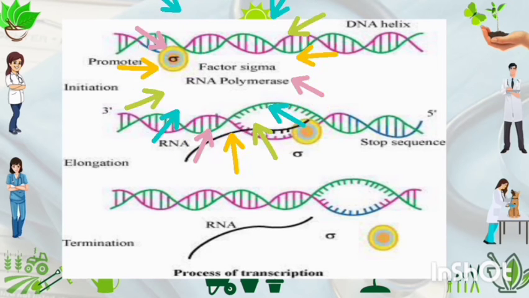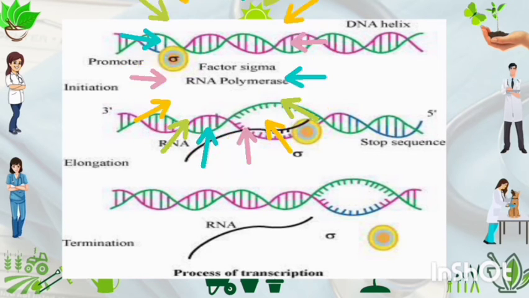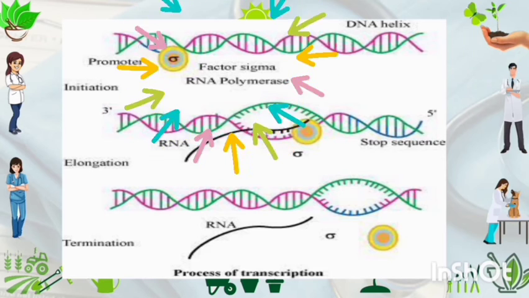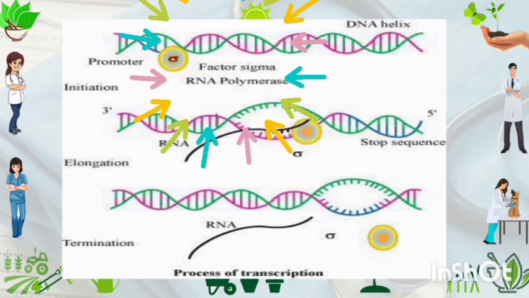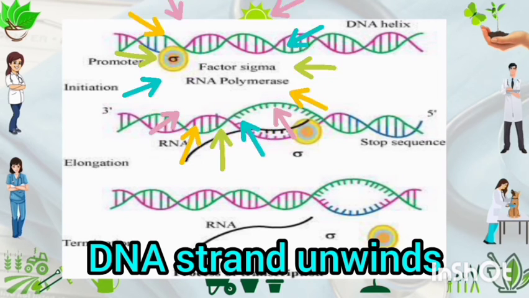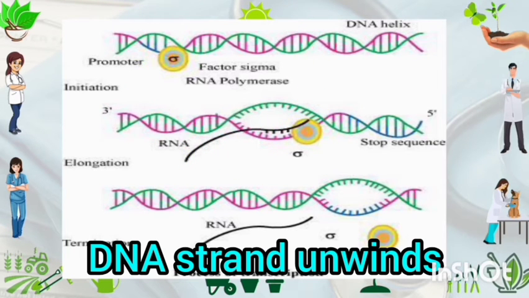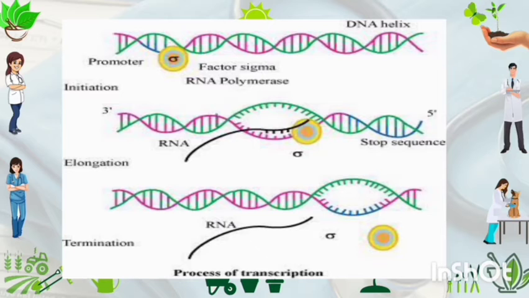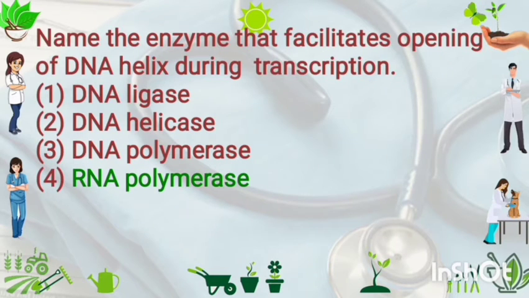The RNA polymerase sigma complex binds to the promoter and initiates the transcription of a specific strand of DNA. This DNA strand unwinds by the action of this complex. So the answer is RNA polymerase.